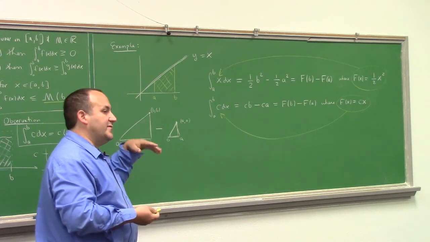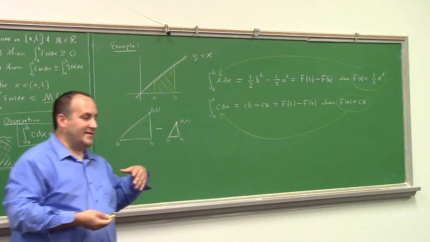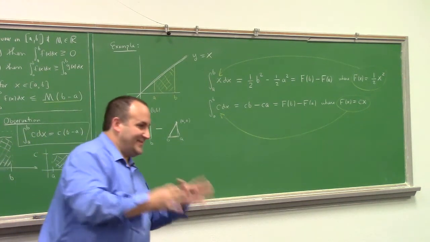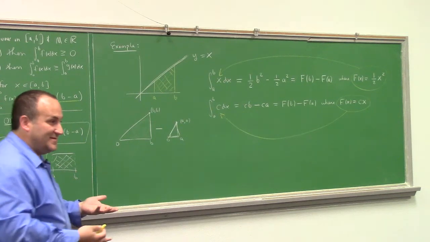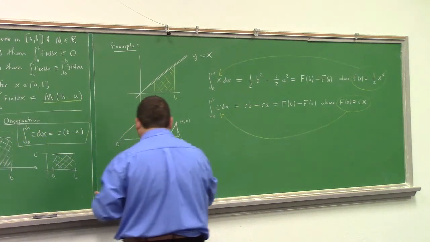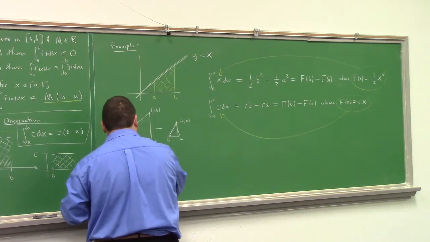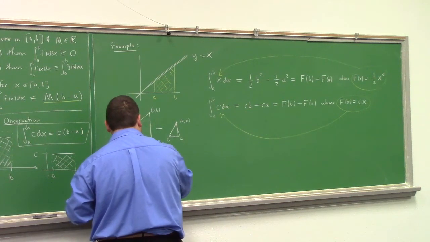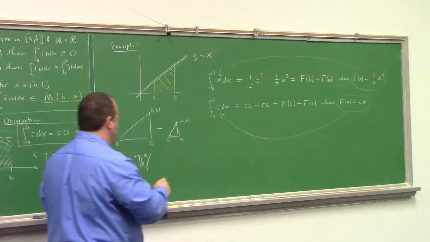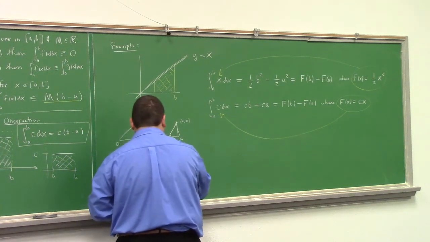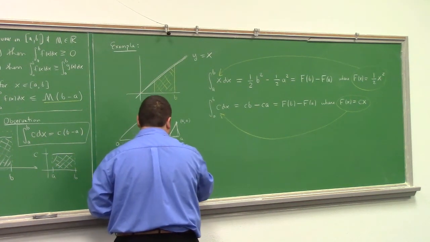The fundamental theorem of calculus part 2 simply says that it's not an accident for these two examples. This is a general truth. That's the fundamental theorem of calculus part 2, FTC 2.